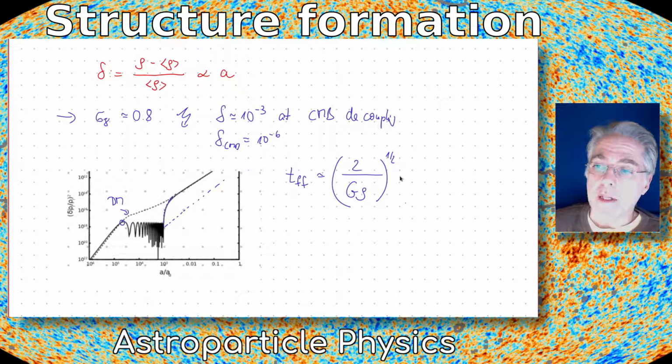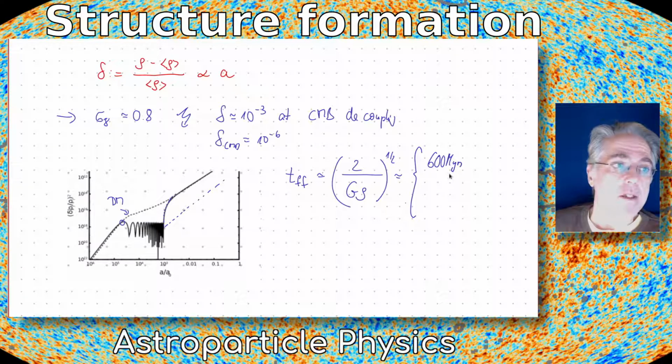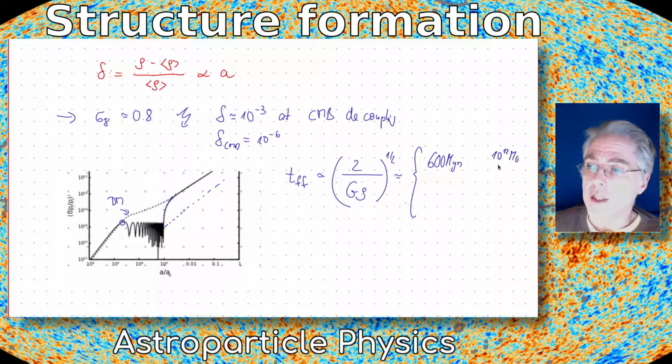And this free fall time sets the time over which a structure can form due to a collapse of an overdense region. And it turns out that this value is, if you just give it some numbers, about 600 megayears for masses of about 10 to the 12 solar masses. So that's a galaxy size mass range.